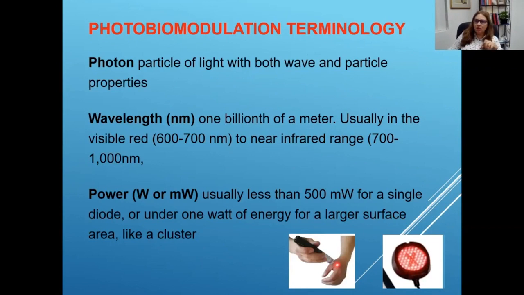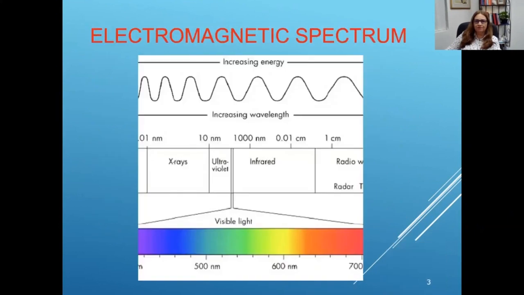For photobiomodulation and light therapy, most frequently we're going to be talking about milliwatts of energy. If we're talking about a single diode laser, as is demonstrated here, usually 500 milliwatts or less, whereas if we're talking about an application with multiple diodes, then we could be talking about a watt or 1.5 watts of energy, but it's delivered over a much larger area.